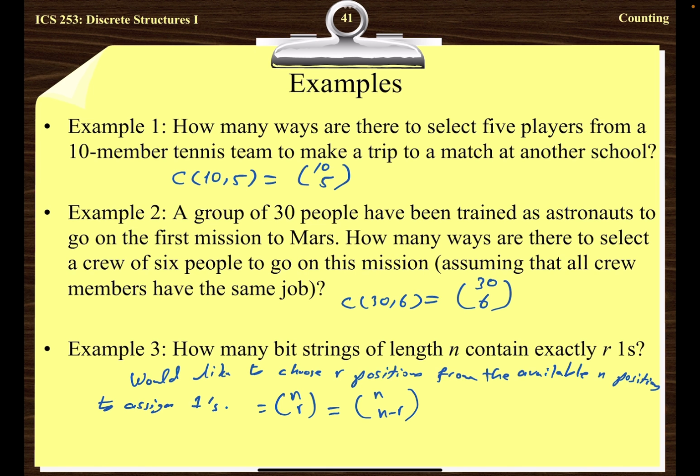So the problem of choosing r positions from n positions is exactly the same as the problem of choosing n minus r positions, or the other n minus r positions out of n. Okay, guys? Clear? Any question on these examples?